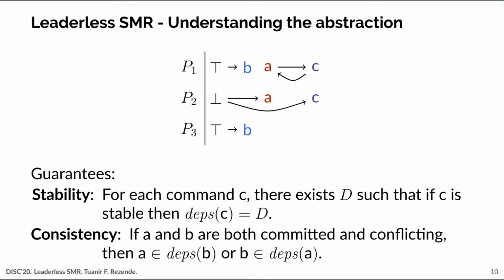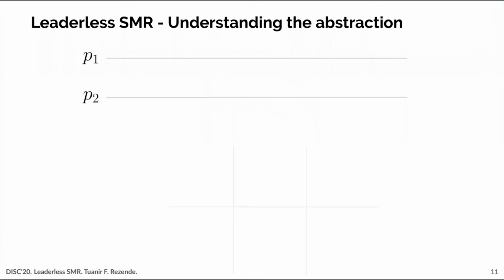Now, to solidify the concepts, I'm going to provide an example. We have two replicas P1 and P2. P1 submits command A, and replica P2 submits commands C, D, and B. It's important to notice that A and B do not commute, and B does not commute with D and C. We have the first commit at some point in replica P1 using dependency graph G1.